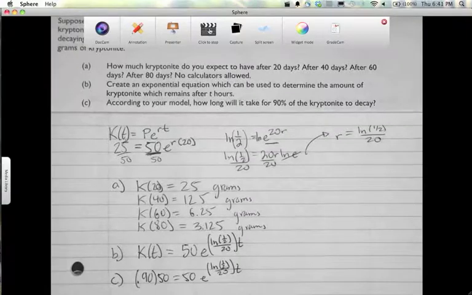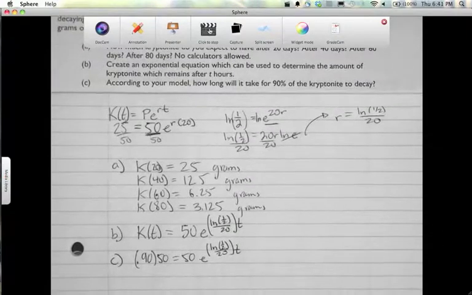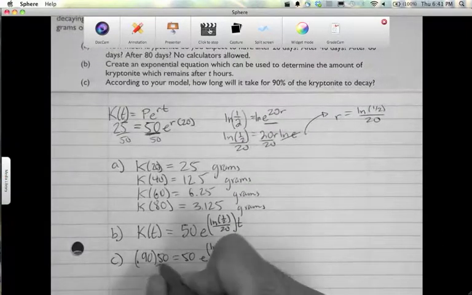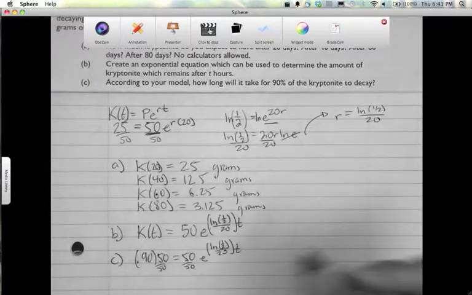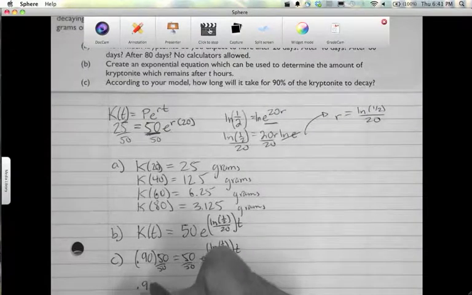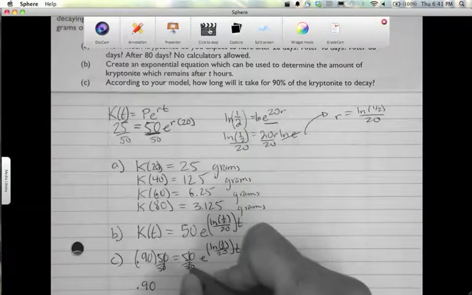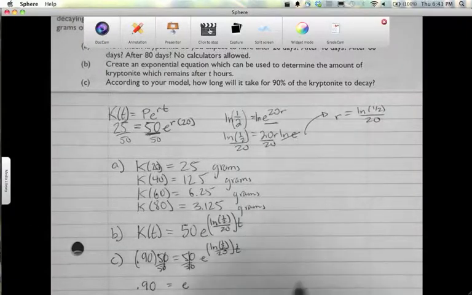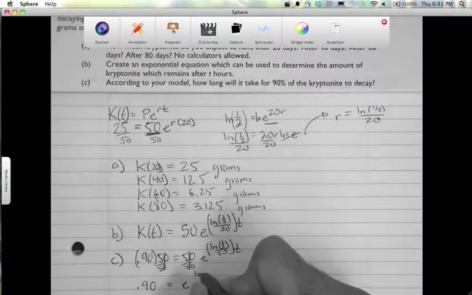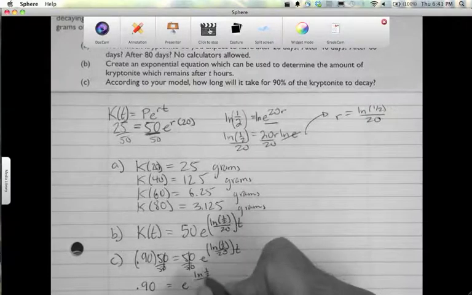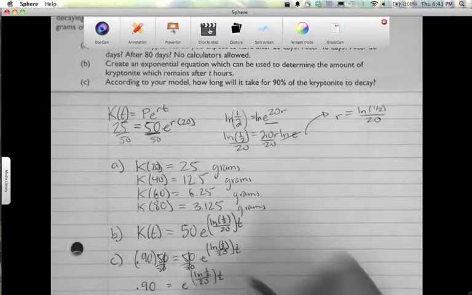I'm going to need to divide both sides by 50, which of course leaves me with 0.90 equals e to the ln of 1/2 over 20 times t.